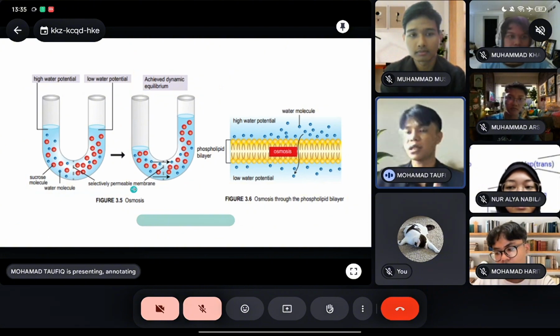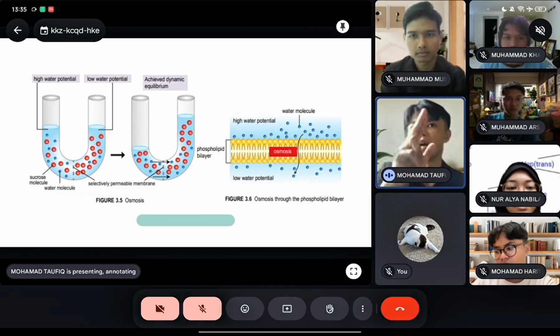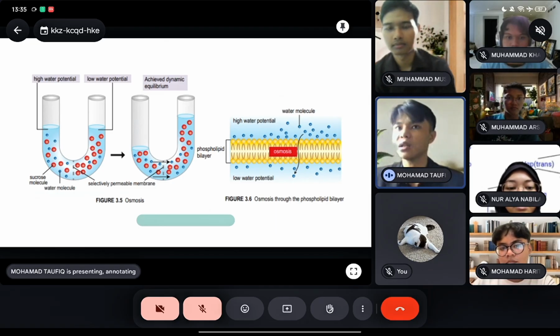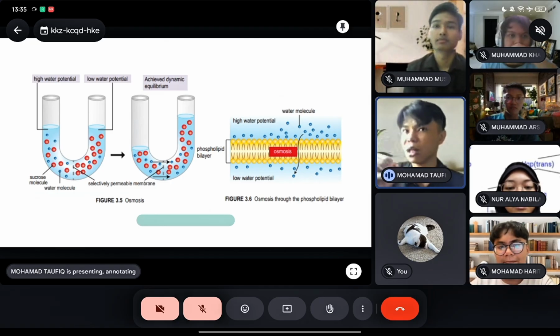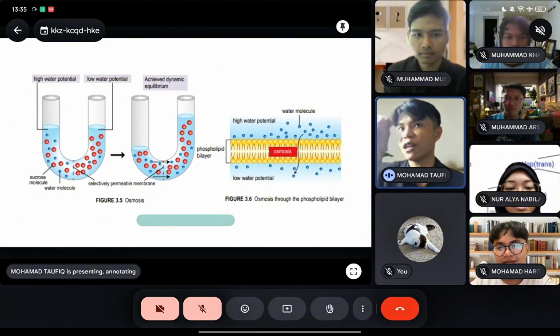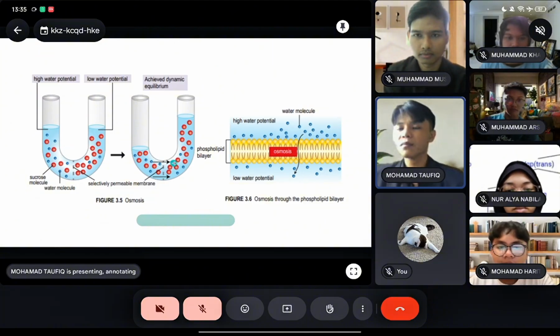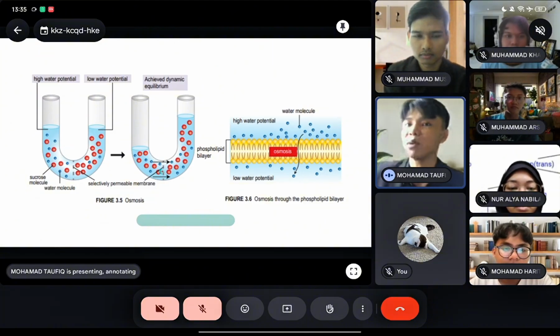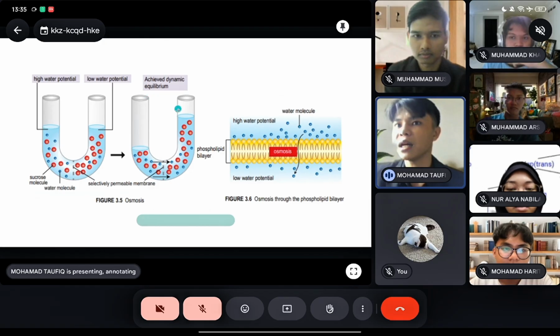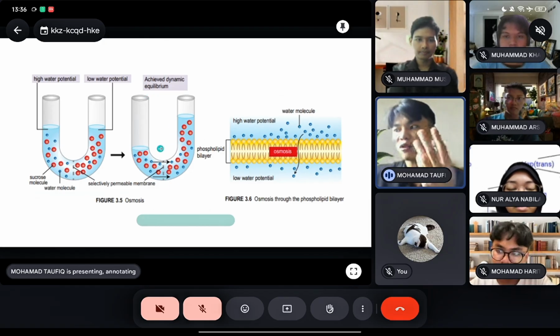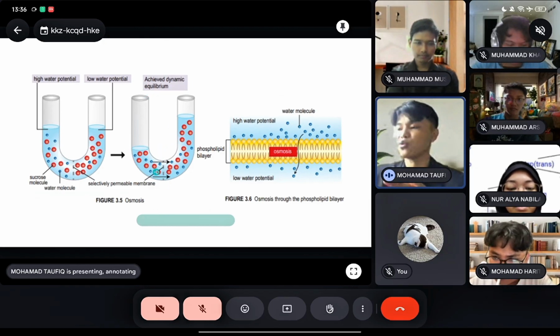So what happens is that to transport water from the high to the low water potential, it is to achieve dynamic equilibrium. In other words, they want to balance between the inside and the outside of the tube in terms of water and sucrose, which is the solute.